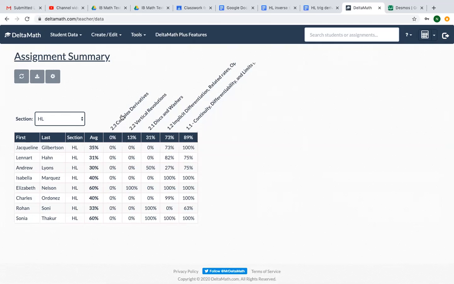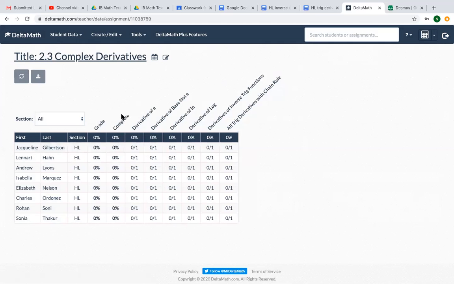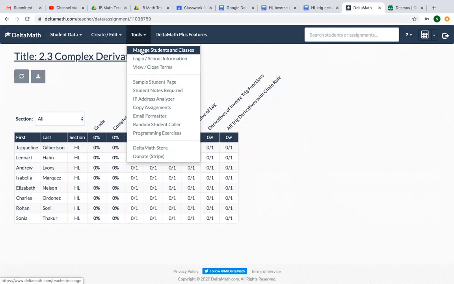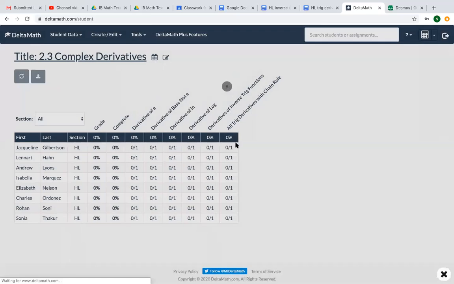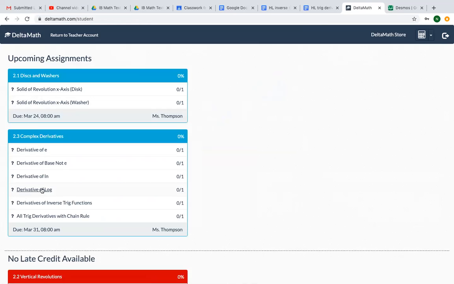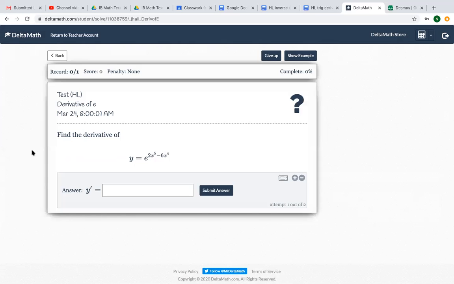Does anybody want to see a complex derivatives problem? Yes. Okay. Just make sure you're keeping up with this stuff. So let's look at one, derivative of e. So what is the derivative of e to the u? e to the u du.